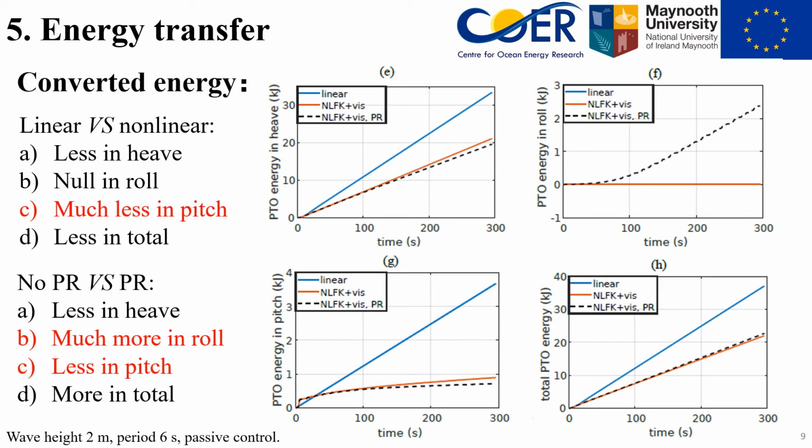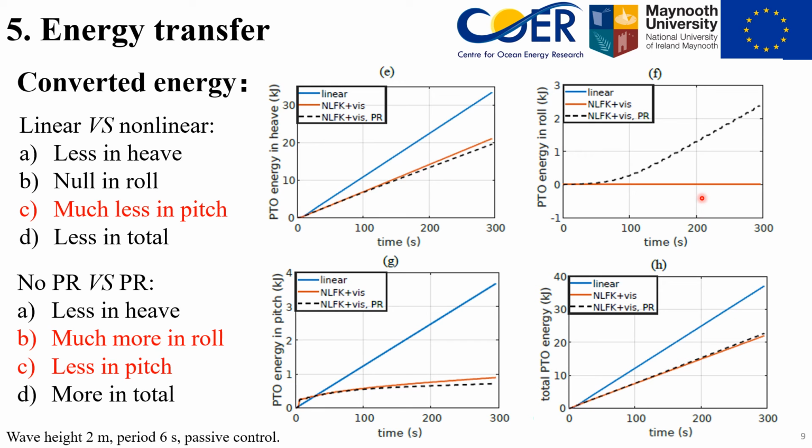In terms of the converted energy by PTO systems, the results are given in figures E, F, G, and H respectively. Compared to the linear model, the converted power by the nonlinear model is much less in heave and in pitch, and also in total.